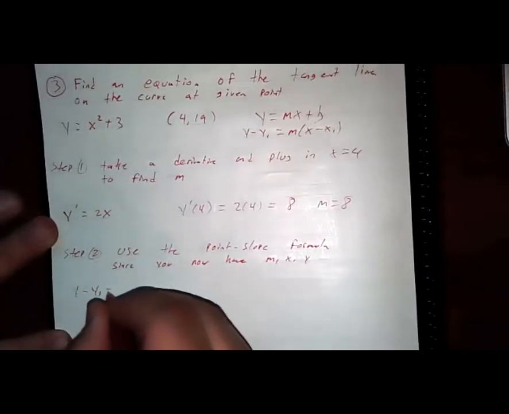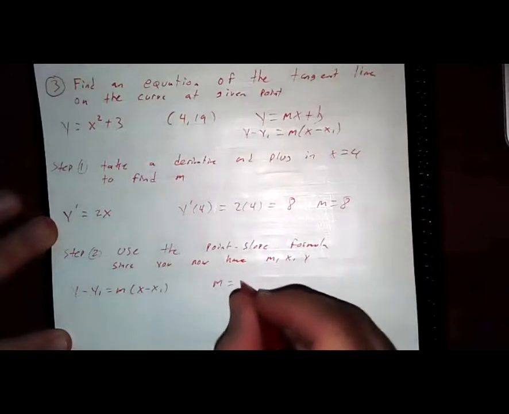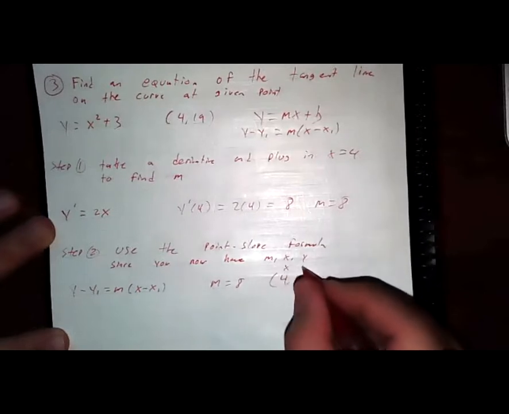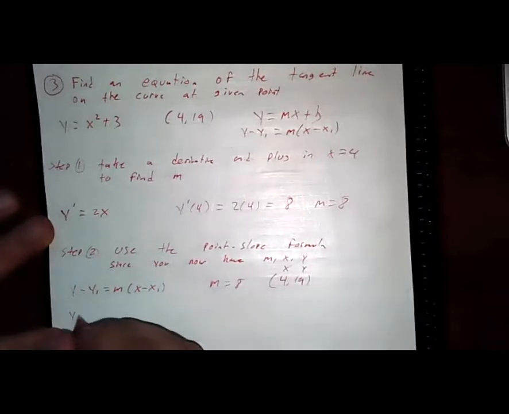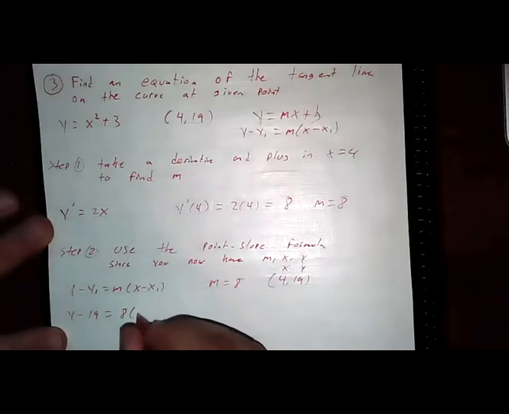So y minus y1 is equal to, well, actually, let me write down everything first. Let me write the formula right here. So m is 8, 4, 19 is the point. So plug in 19, plug in the slope, plug in the x. Solve for y and you're done.